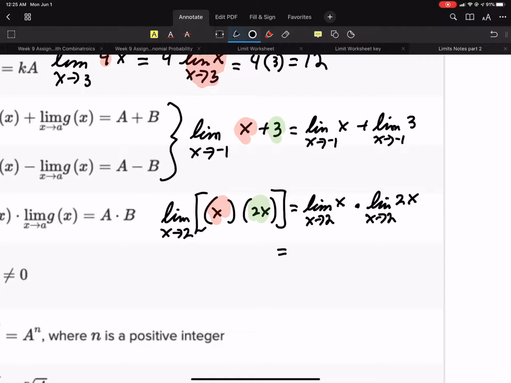Well, I'm going to apply another rule. Well, the first one we learned earlier, the limit of y equals x is just going to be what x approaches. That's going to be 2. The second one, it's a constant times x. So what's the rule for a constant? We learned you're allowed to take the constant out front and multiply that by the limit of the function.